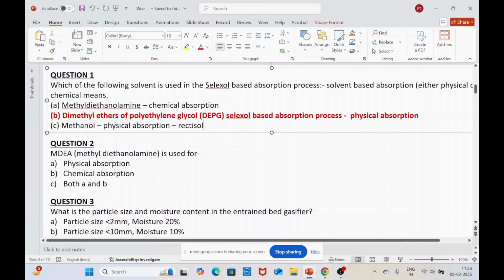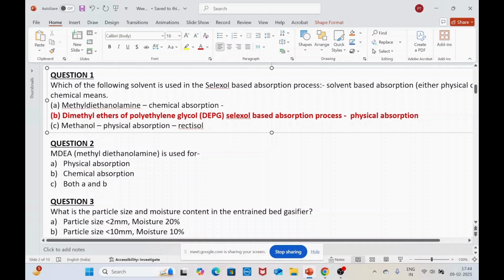Each one of them has its own characteristics. If you see methyl diethanolamine, which goes through the chemical absorption process, what is the temperature at which it operates?